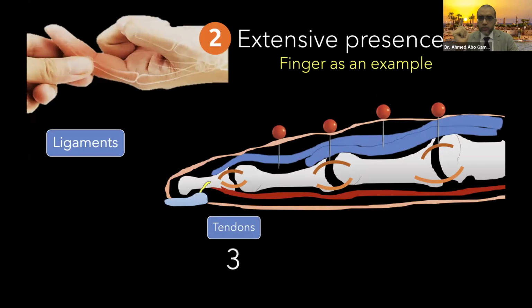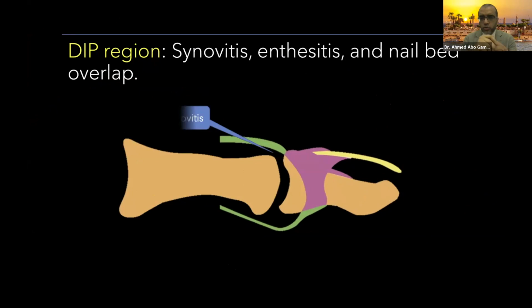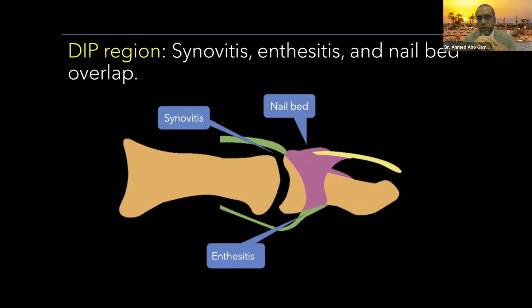We can count 5 sites of pulleys, so we have a total of 21 sites valid as a target of enthesitis in only one finger. If you take the DIP region as an example, you can find pain and inflammation in an area of only about 1 centimeter coming from nail bed inflammation, synovitis, and enthesitis. So it is very difficult to feel and differentiate it in hand examination only.